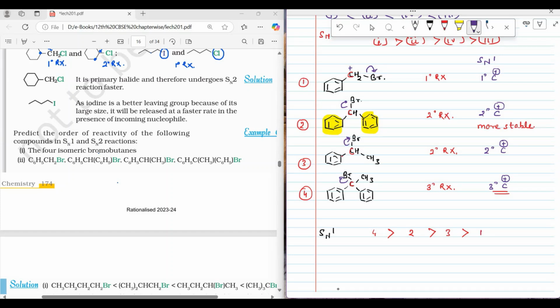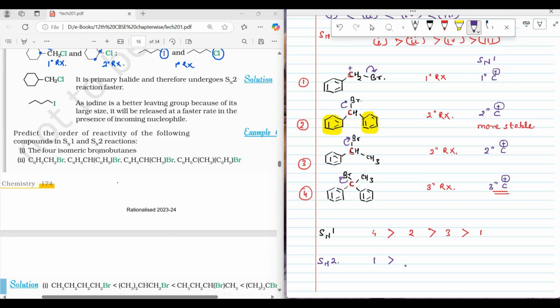Now let's arrange these molecules for reactivity of SN2 reaction mechanism. We know less crowded molecules react faster. So here among all these molecules, the first one is the least crowded. So first one reacts fastest under SN2 reaction mechanism. Then when you compare between 2 and 3, in 2 there are two benzene rings which makes the molecule sterically crowded.